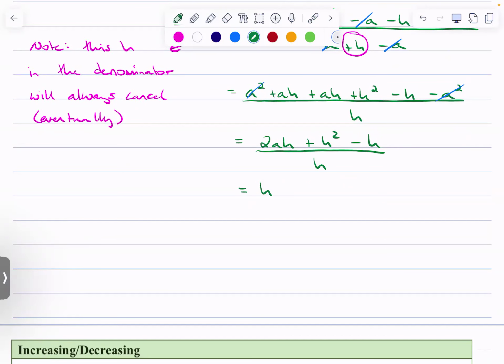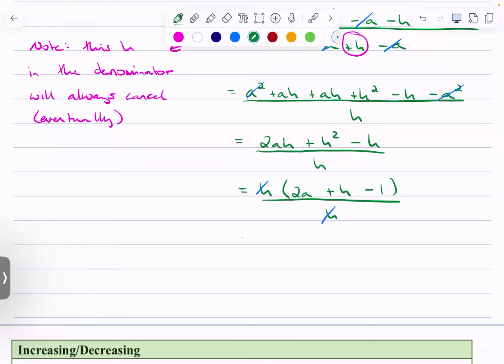I like to pull out the h that I'm about to cancel, and then I'm left with 2a plus h minus 1, divided by h. It's also, I find, a little bit easier to see what happened if it's been a while since you've pulled out common multiples. Because now h divided by h is 1, just like 4 divided by 4 is 1.